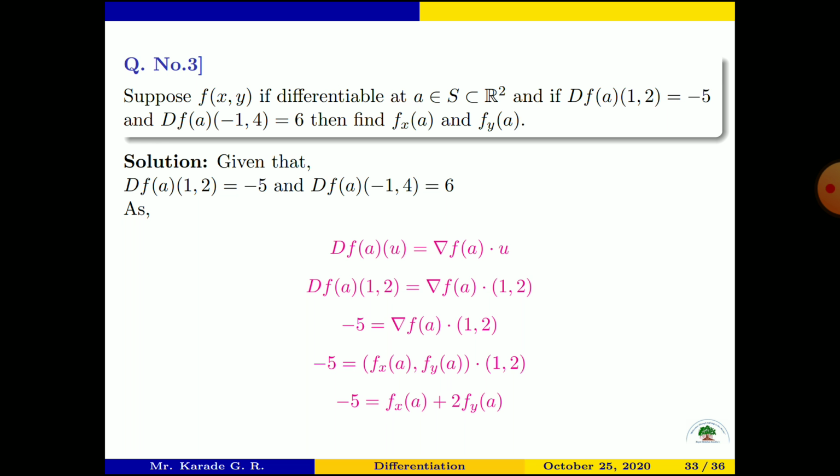But gradient of f at point A is nothing but the vector fx at A comma fy at A, dot product with 1 comma 2. Now left hand side is as it is, minus 5, and it is equal to, taking the dot product of these two vectors, fx at A plus 2 times fy at A. So this is our one relation, or one equation, that we will use further.